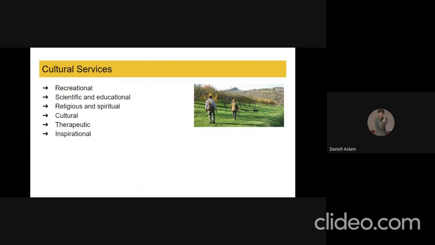Ma'am, we can protect it by giving proof of its productivity, its diverseness, and the loss of wildlife. Let me give you one example.